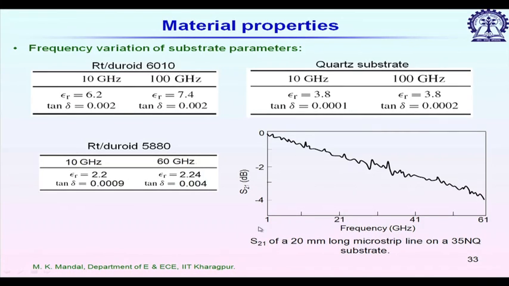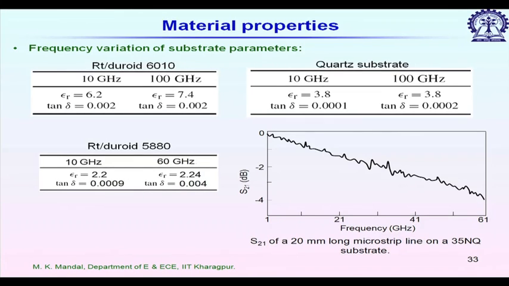At 1 gigahertz, the loss is just 0.1 or 0.2 dB, and at 20 gigahertz it increases to 1.2 to 1.3 dB, but for the same microstrip line at 60 gigahertz, loss increases to almost 4 dB.